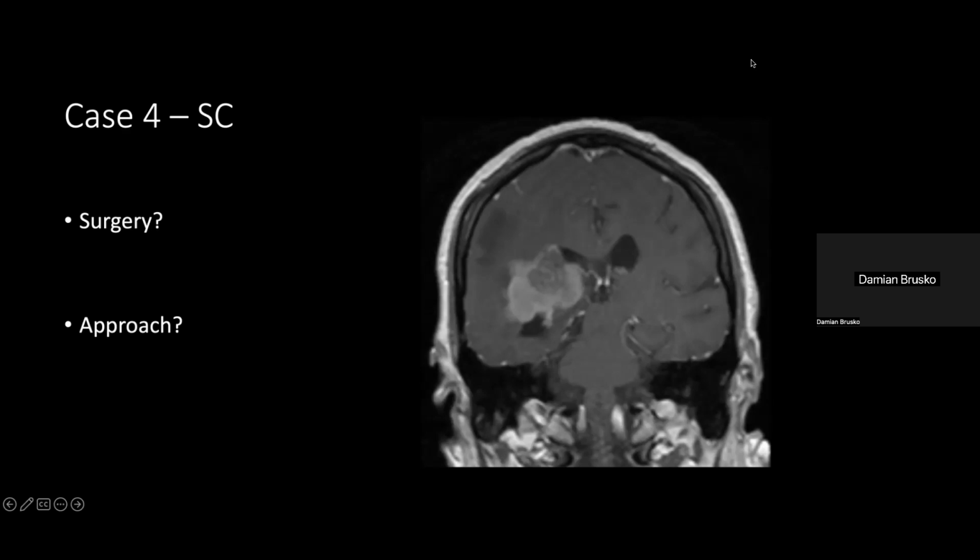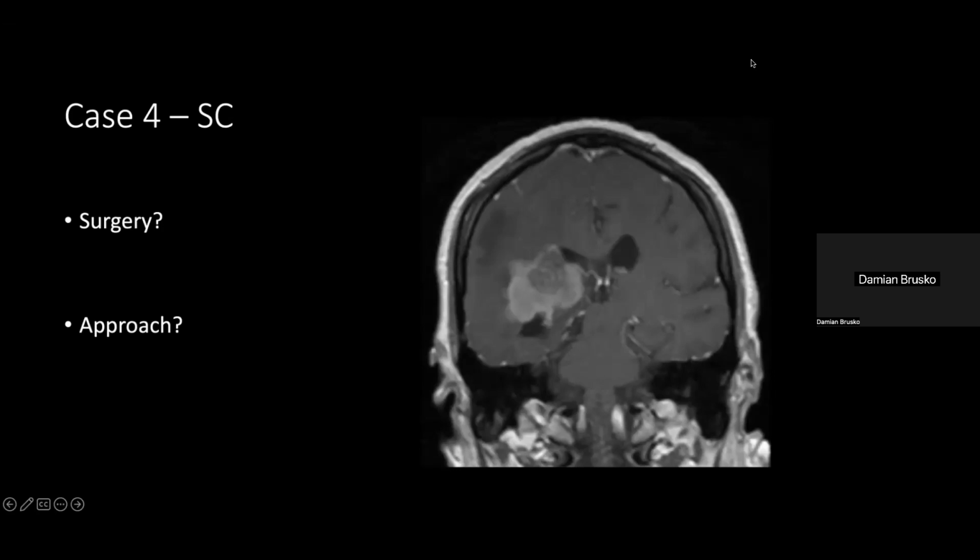It's a pretty large lesion, and on the right side, so definitely accessible. And she's like 60 something, so she's not that old. I think surgery is a reasonable option for her. And we're not exactly sure what the diagnosis is, so getting tissue will be beneficial.